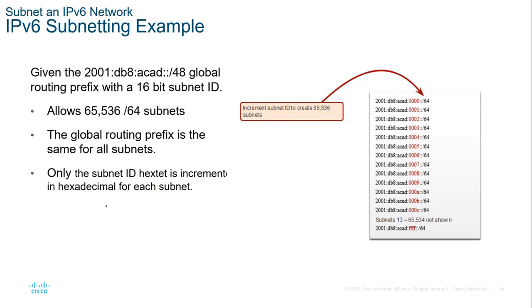Then lastly, here we have our address. We are given this address here, a /48 routing prefix with a 16-bit subnet ID.